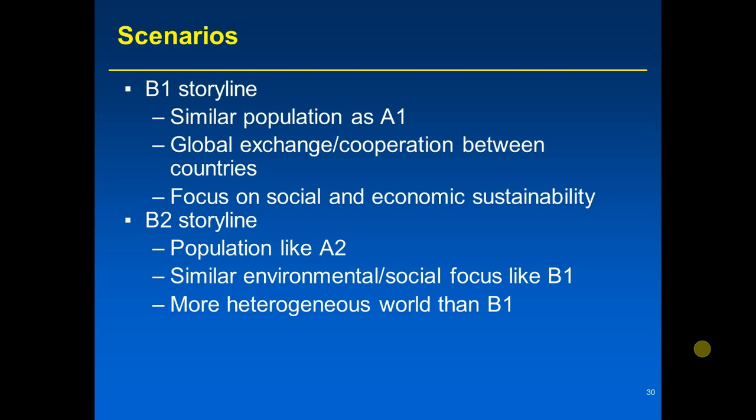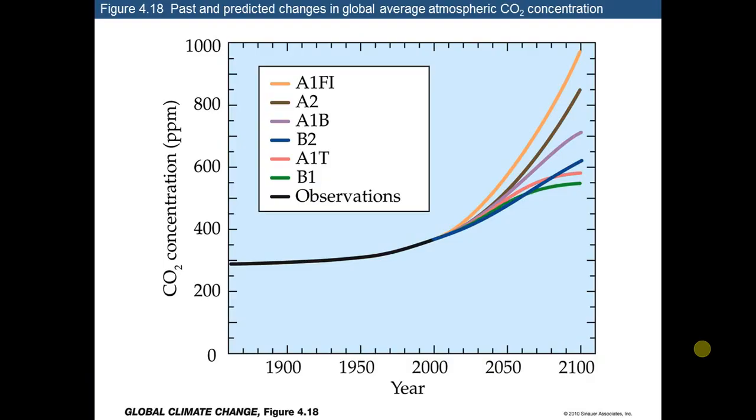looking at what CO2 concentrations will be like in 2100 based on the different emission scenarios. Here we go. We have observations of CO2 concentration from about 1860 until near 2000. Okay, so you see the rise, especially over the second half of the 20th century.